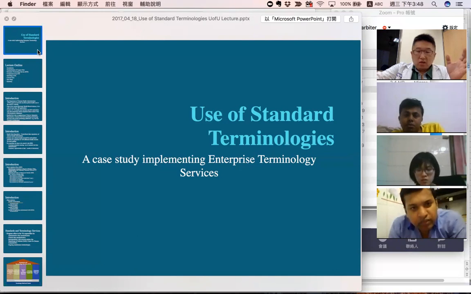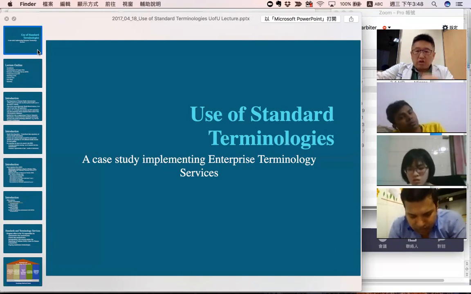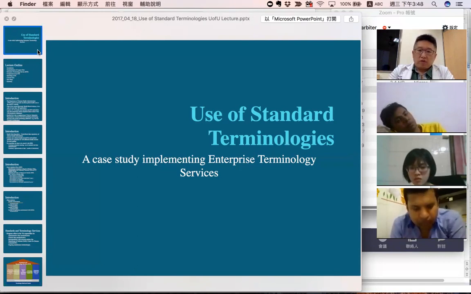So for health informatics systems, the VA is a good example for building a health information system. Also, at that time I was from Utah, and the University of Utah had a very close relationship with the VA at Salt Lake City.